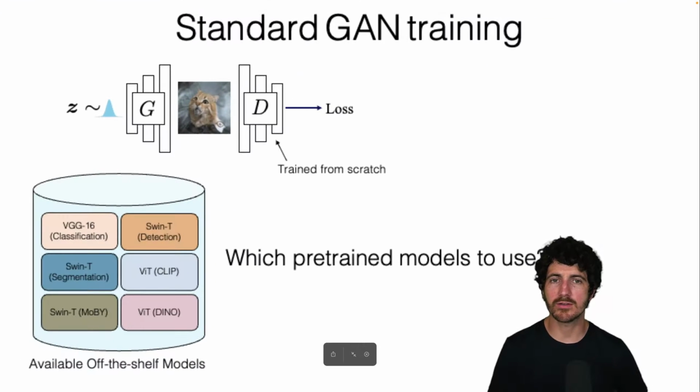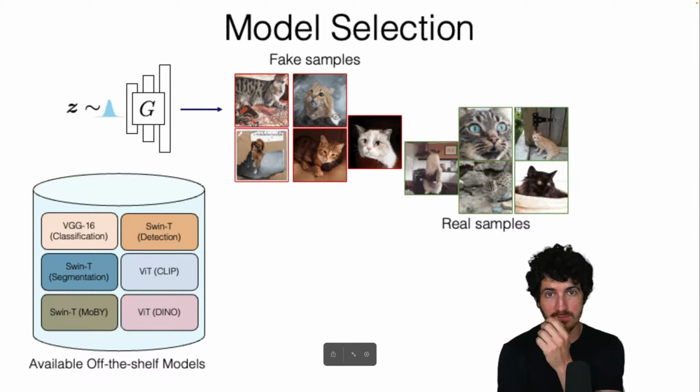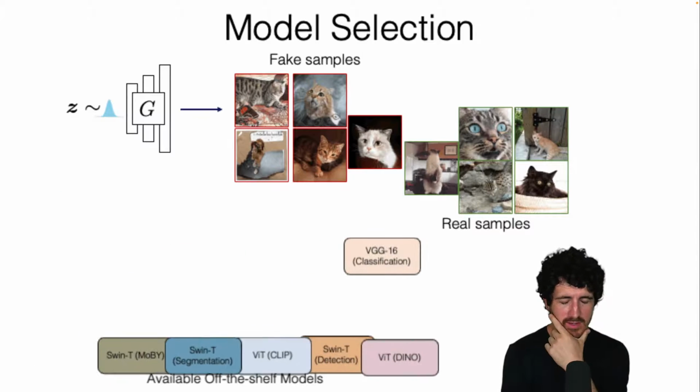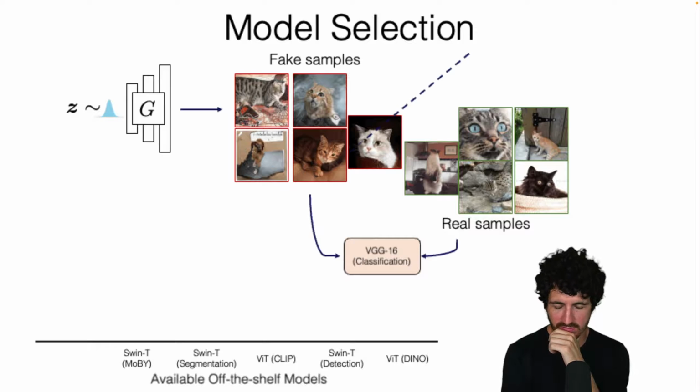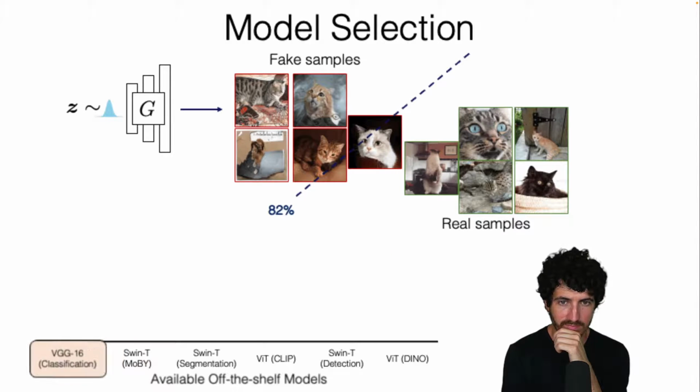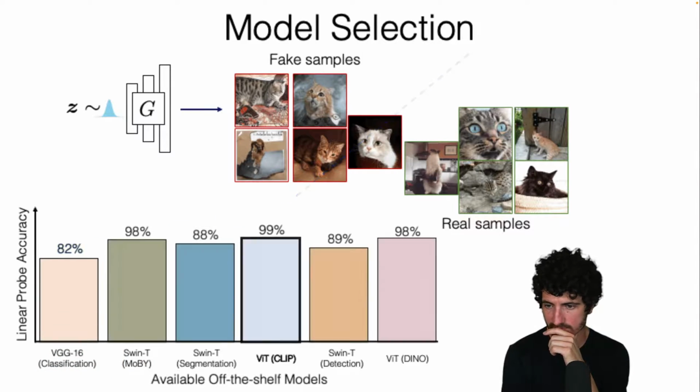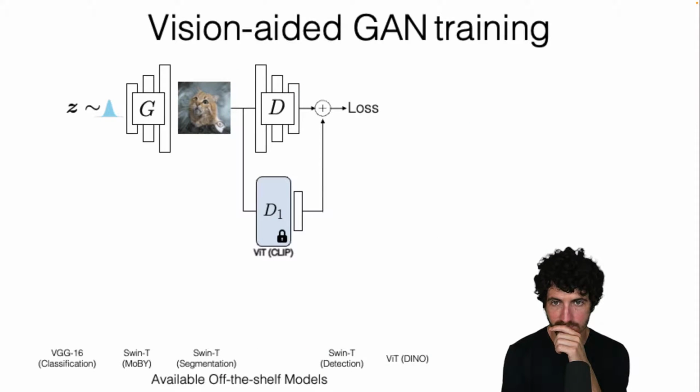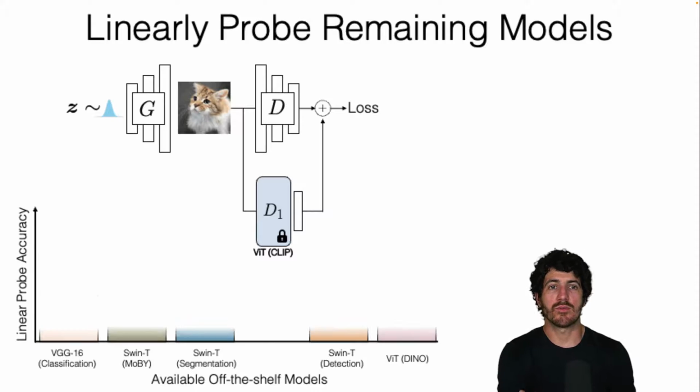Okay, so standard GAN training. Model selection, fake samples, real samples, VGG classification. Vision-aided, reimagining model.